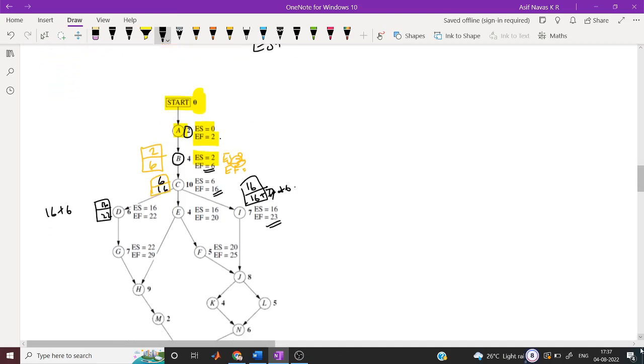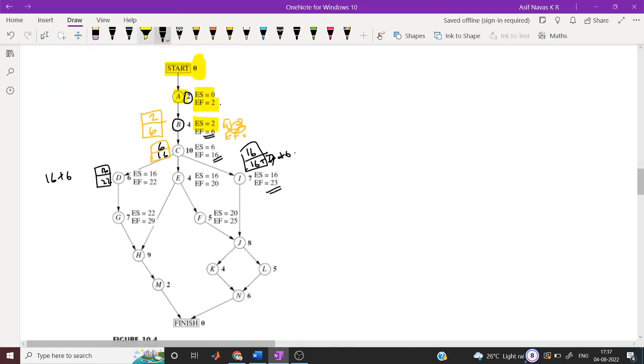Now there is a problem here. If we continue like this, what will be ES of this? Here there are two predecessors, G and E. We will take the maximum EF as ES of H. Here the EF of G is 29 and the EF of E is 20.